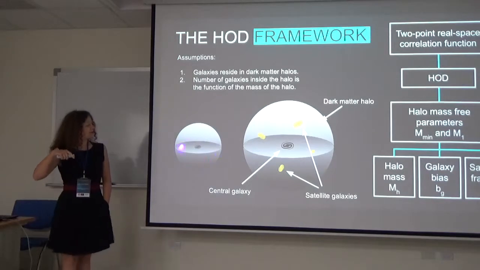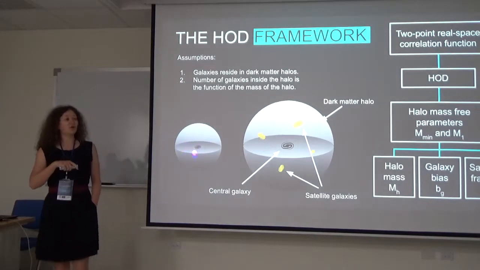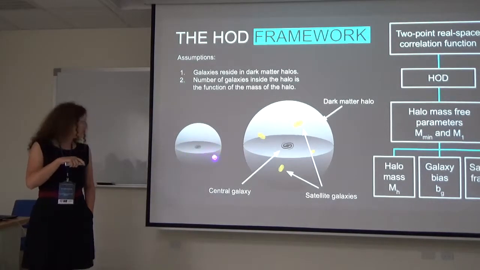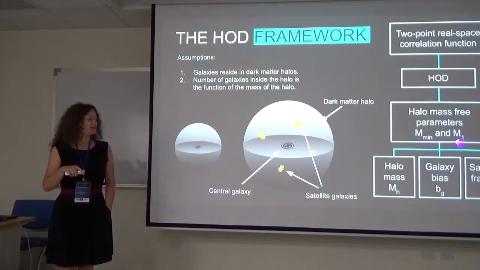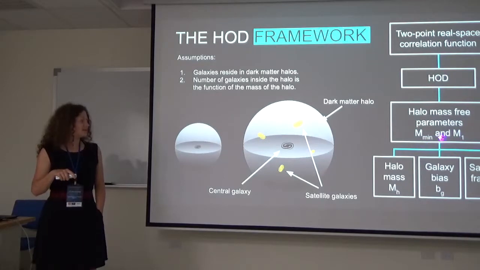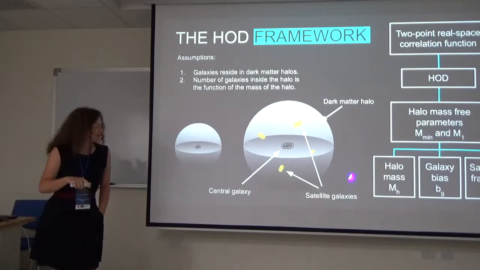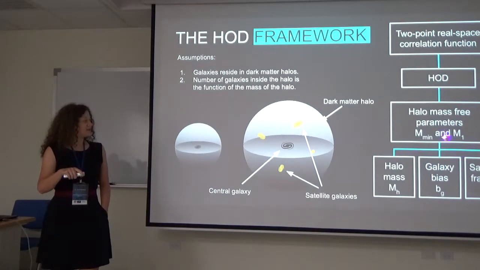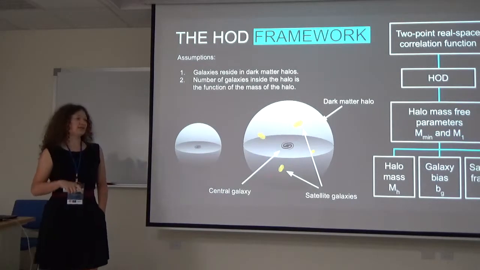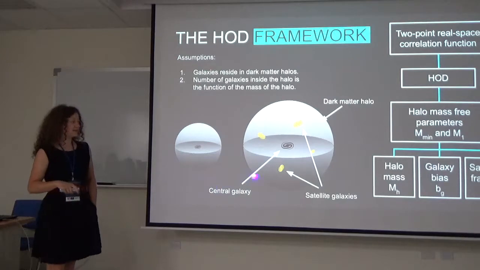The minimum halo mass is the halo mass for which the halo contains only one central galaxy, and the satellite halo mass is the halo mass for which the halo contains one central galaxy and one satellite galaxy. So above this mass, we have more satellite galaxies inside a halo.